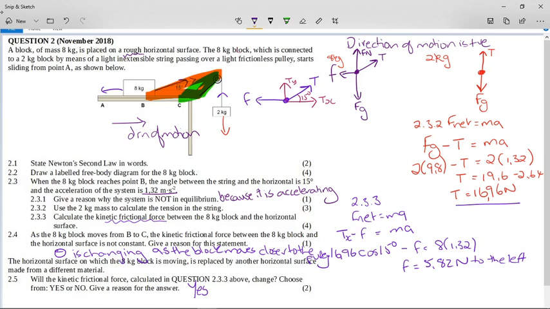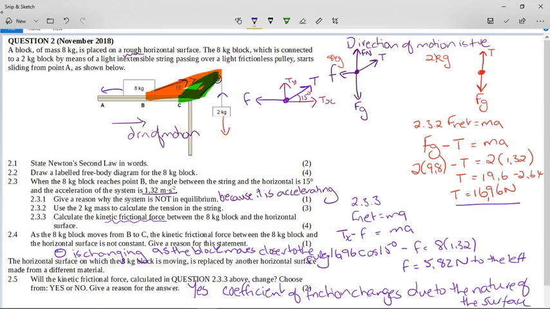Yes, you can. So it is because the coefficient of friction changes due to the nature of the surface. Okay, this was quite a simple question.